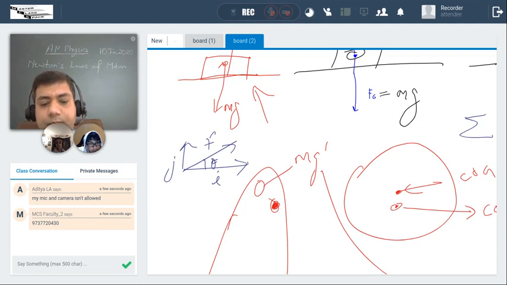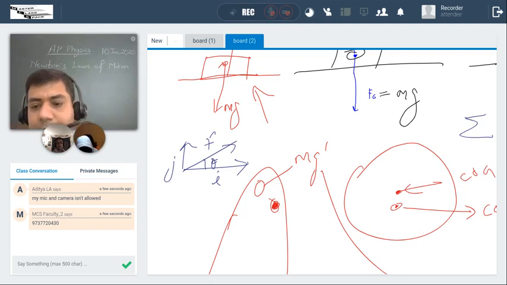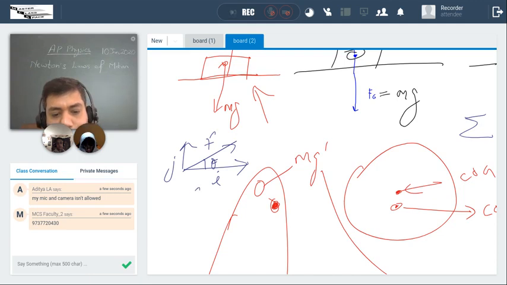It will be F cosine theta, the i component, and the j component is F sine theta. Perfect. Is it okay? So the i component of this one is F cos theta, and this one is F sin theta.